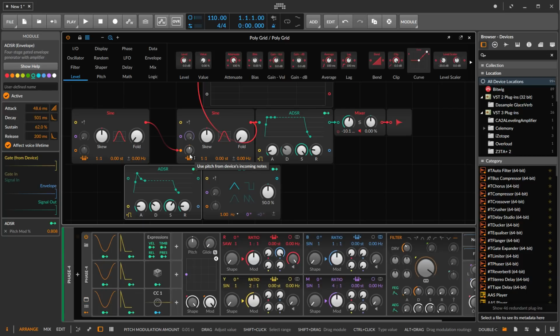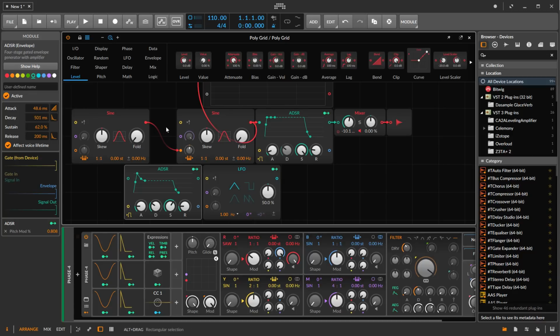So if I look at phase 4 here, and I'm modulating this oscillator with this one, we get a timbre shift without actually getting any pitch shift. And that's something that phase modulation or traditional FM is really great at.